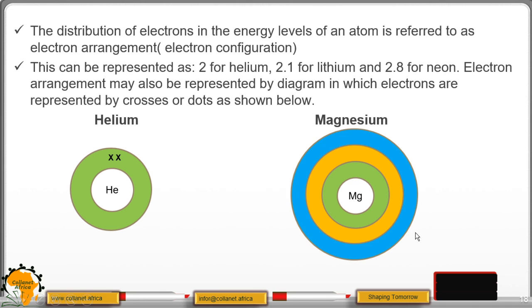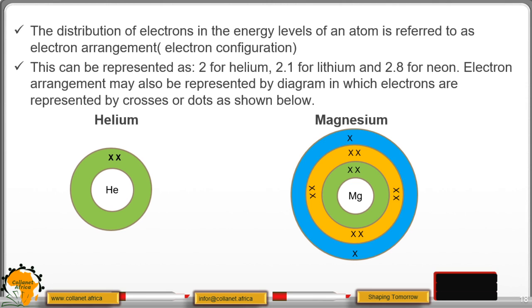How are they going to be arranged? The first one will carry a maximum of 2, the second one will carry a maximum of 8, a total of 10, 2 plus 8 you get 10. So for magnesium, which is number 12, we'll still have 2 more which will occupy the third energy level.